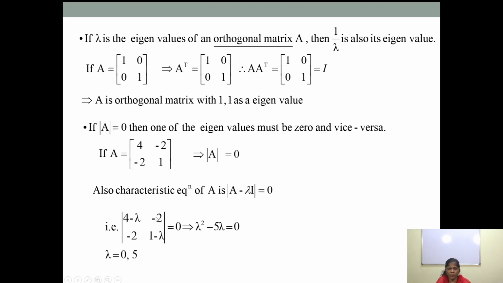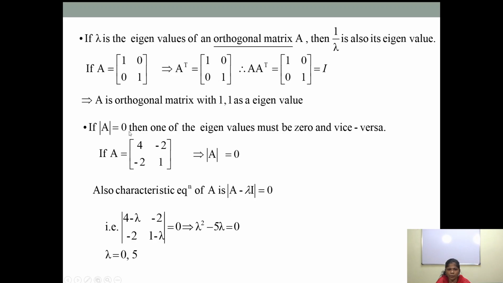How to obtain this characteristic equation? From the diagonal elements, we subtract lambda. So 4 minus lambda, 1 minus lambda, and the remaining elements as they are, written within the determinant sign, equal to 0. Simplify this. We have lambda square minus 5 lambda equal to 0. Now solve this, you will get lambda as 0 and 5.